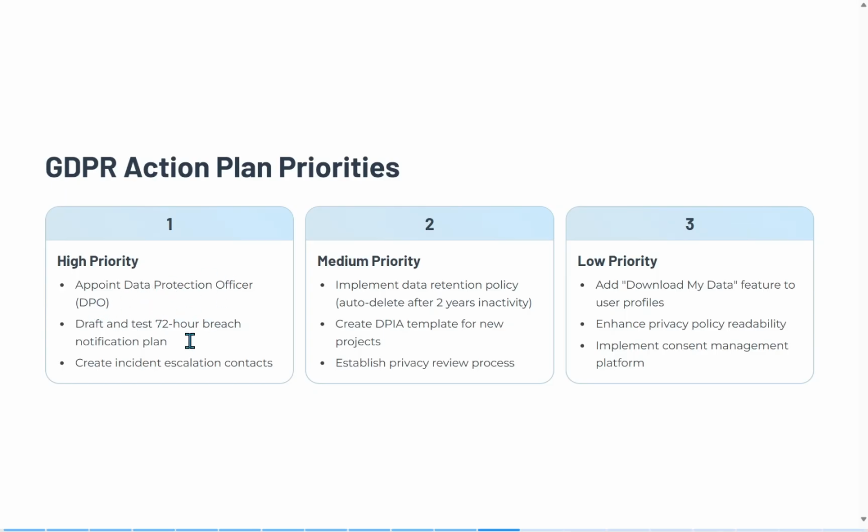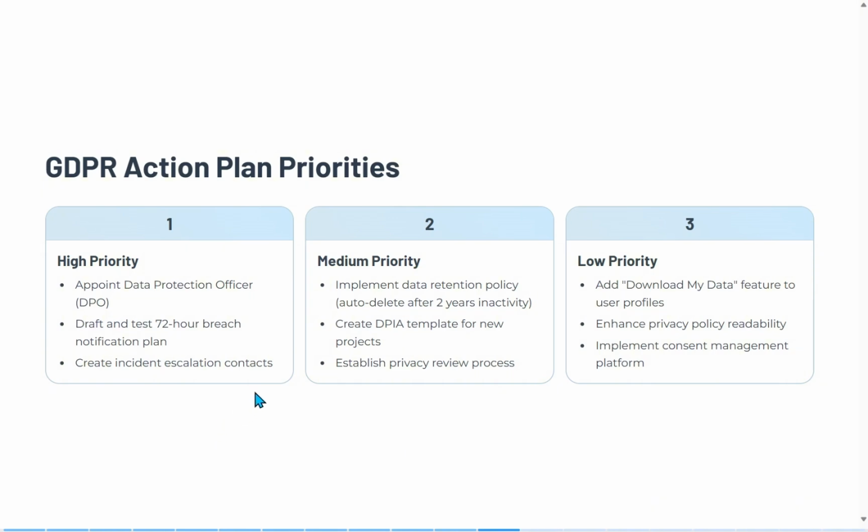You must appoint a data protection officer like the ICO. And here we have draft and test 72 hours breach notification plan. This is also a high priority. You must notify them. You must have the draft and test notification plan in place.